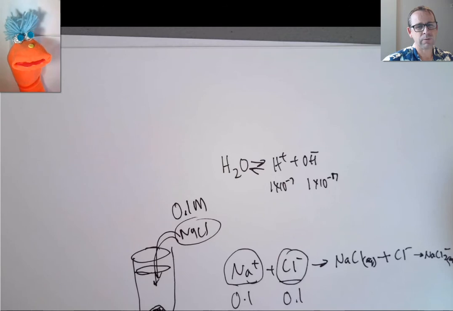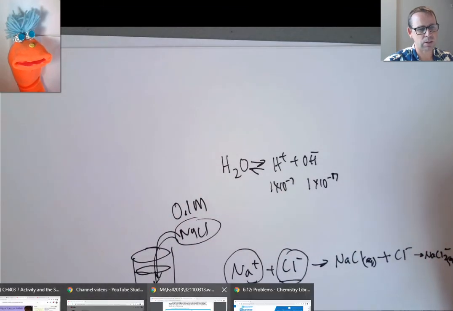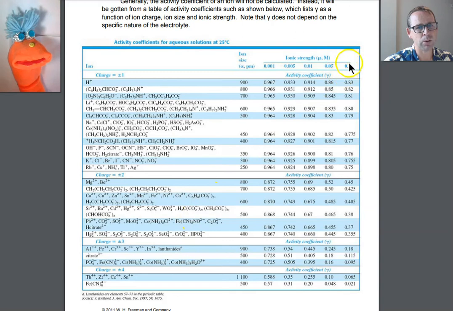However, if you alter the activity of these solutions, and that's what happens when you get higher concentrations, right? So at 0.1 molar, the activity of the H plus ion is only 0.83.